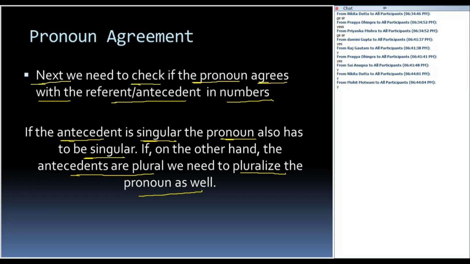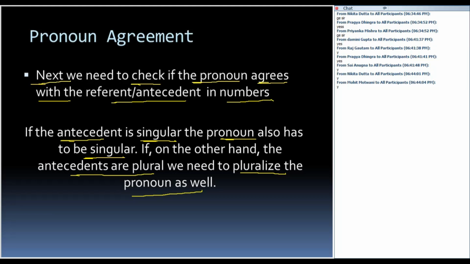Because on its own, a pronoun does not have any meaning, does not have any value. A pronoun exists because it substitutes a noun. So it is dependent on a noun. Whatever form the noun takes, singular or plural, accordingly, the pronoun also will have to be singular or plural.